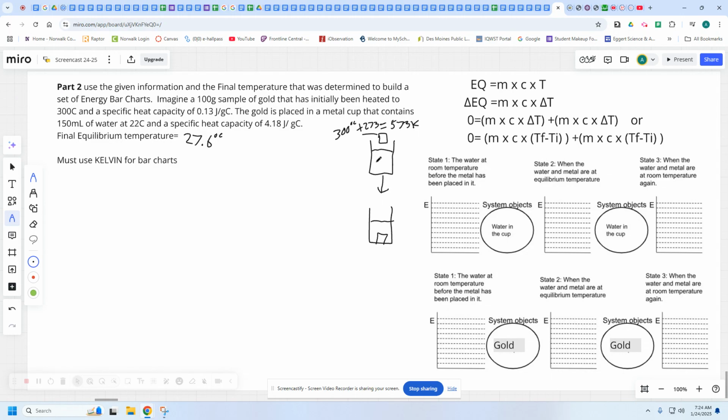And the initial water is at room temperature, let's assume. So that's 22 degrees Celsius. And if we add 273 to that, the water becomes 295 Kelvin.